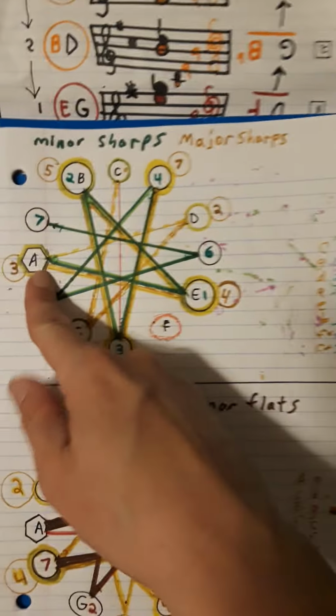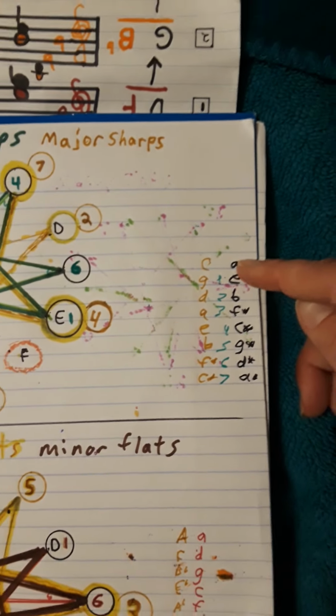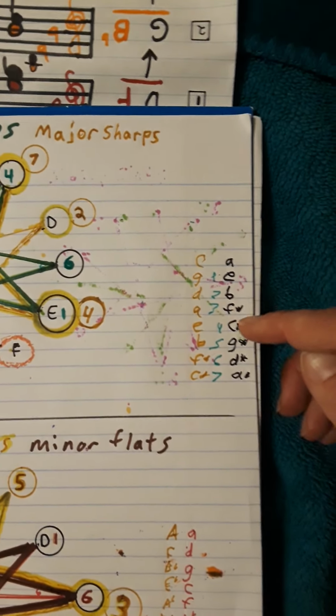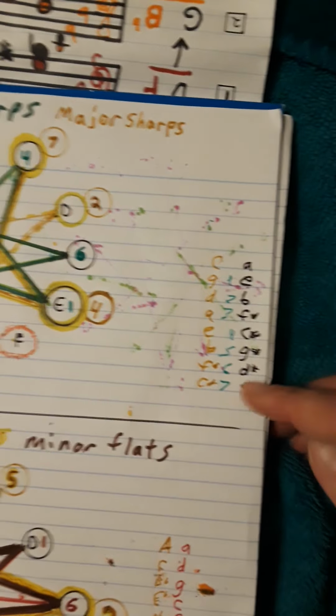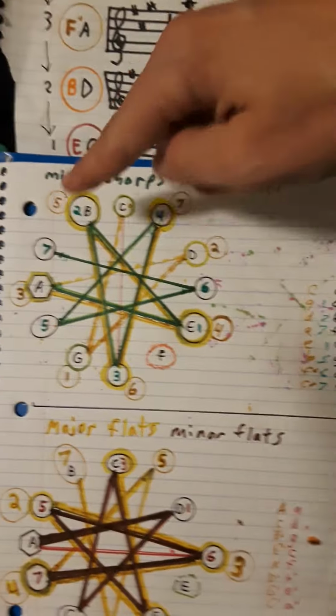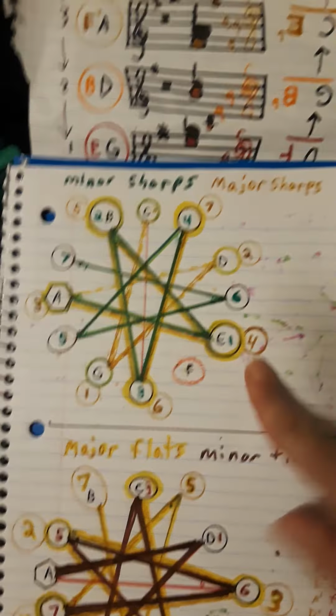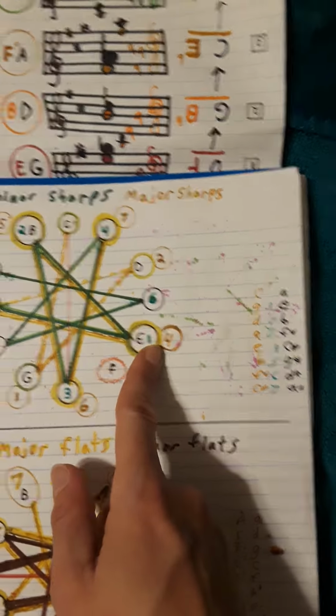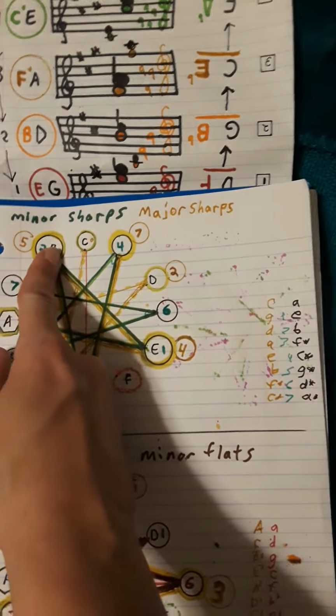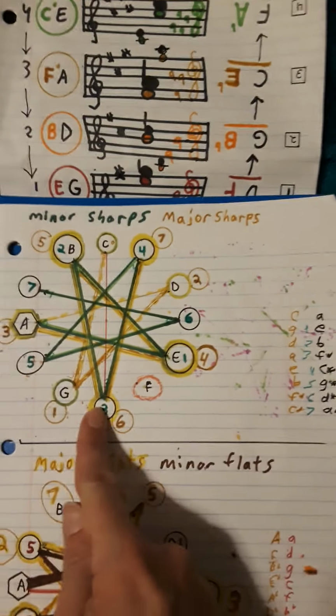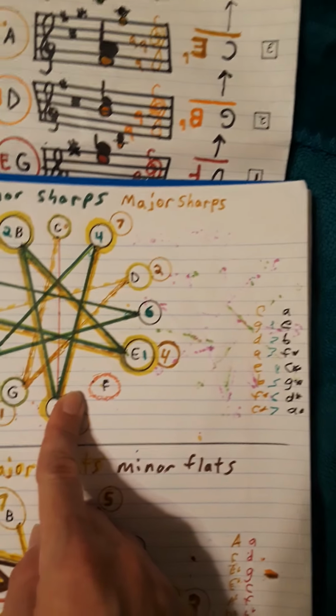So let's start with the minor sharps. We have A, E, B, F sharp minor, C sharp minor, G sharp minor, D sharp minor, A sharp minor. So A, E, and then B, and then F sharp, which is right in between the F and G here. Didn't mean to flick you off, sorry.